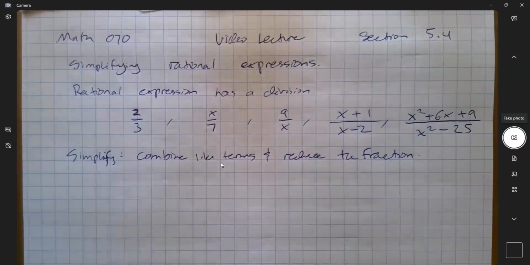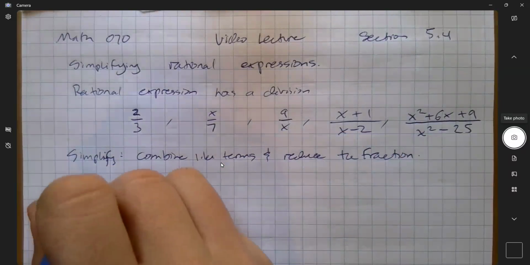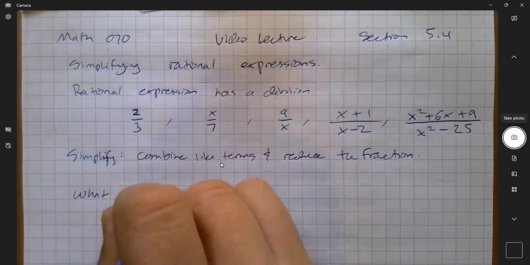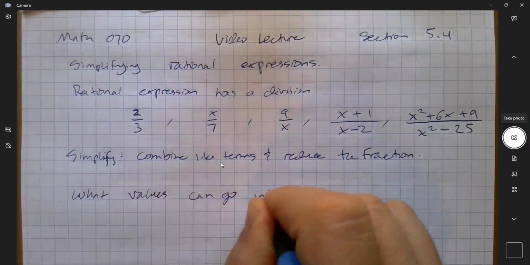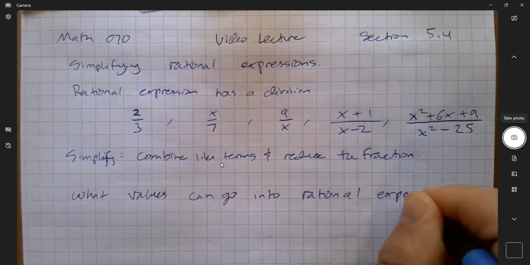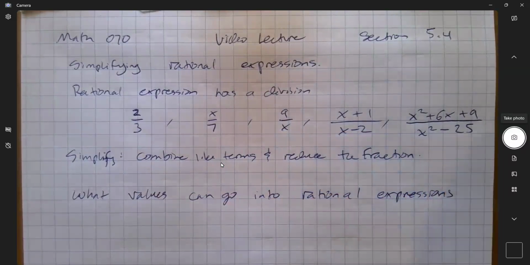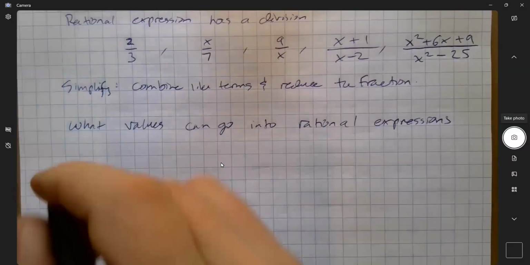But before we get to simplifying, we need to talk about what values can go into rational expressions when they involve variables.